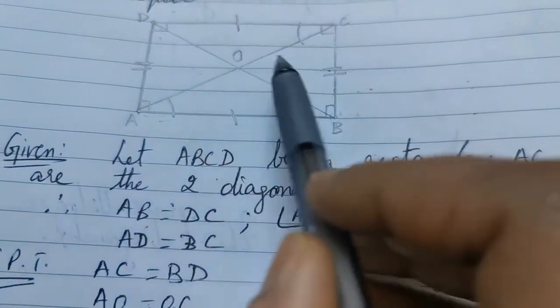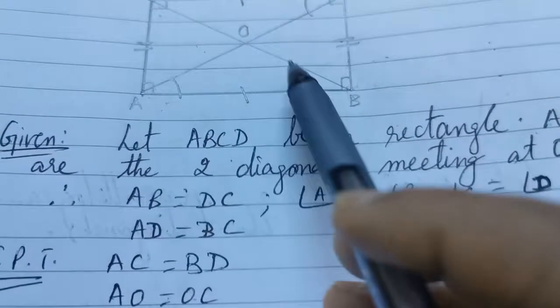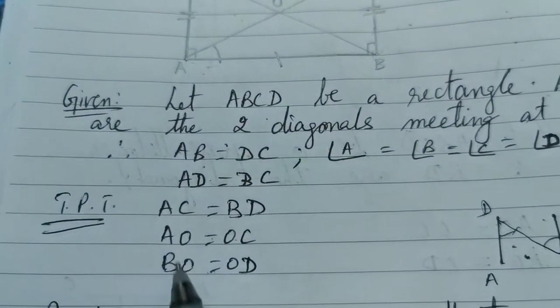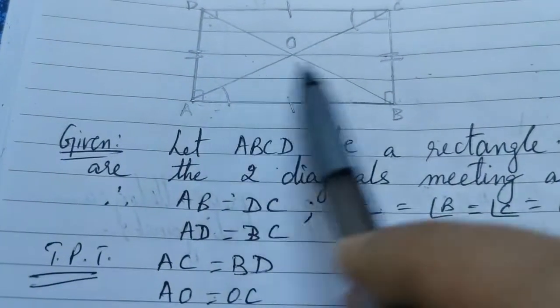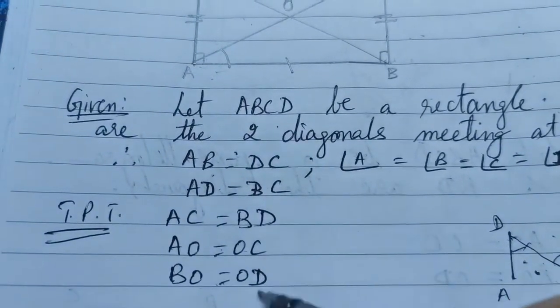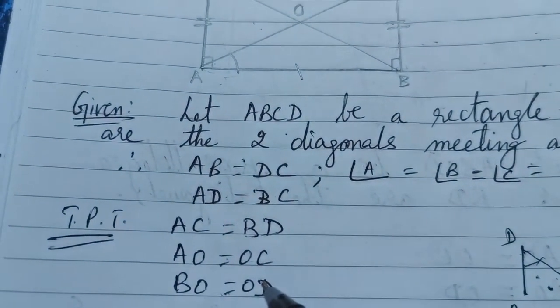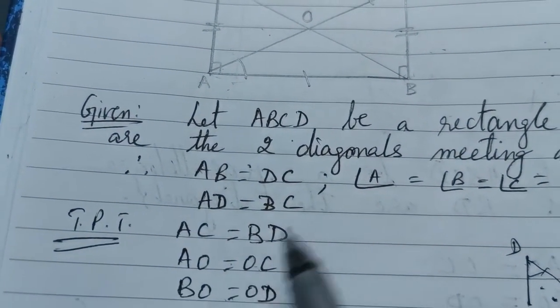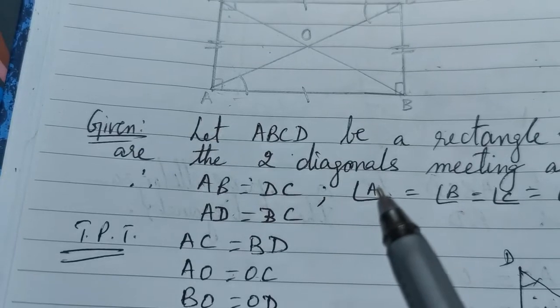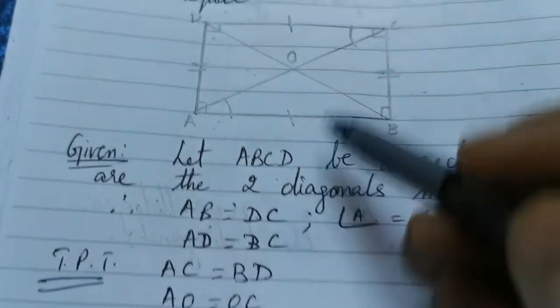Now I will compare the two triangles which have these line segments AO, OC, BO, OD. You can take any two triangles which have these line segments. Whichever line segments are required, we have to take the triangles in which those segments are included.